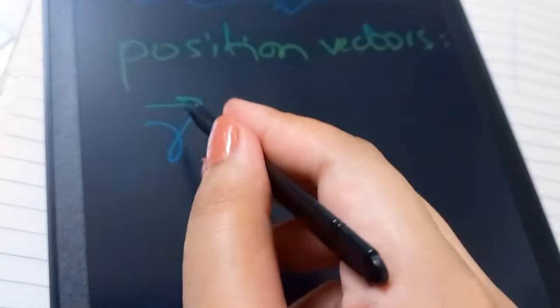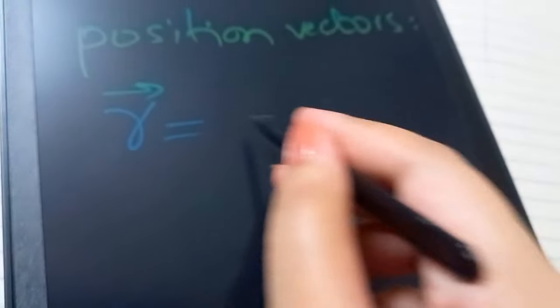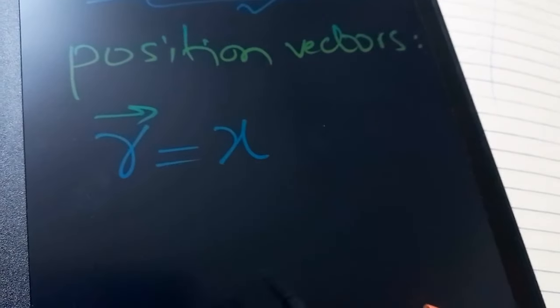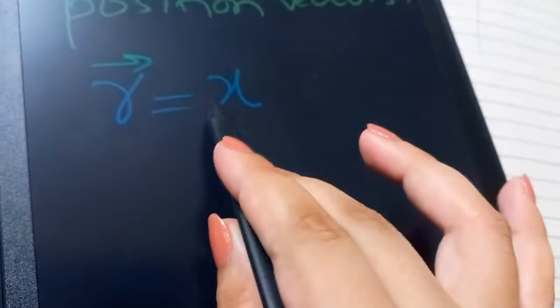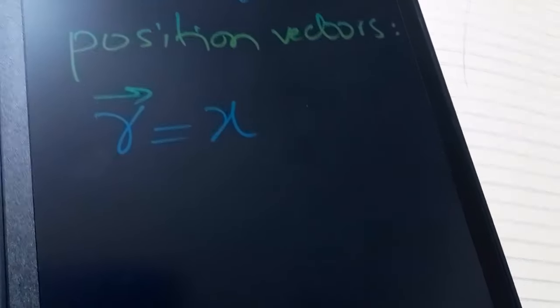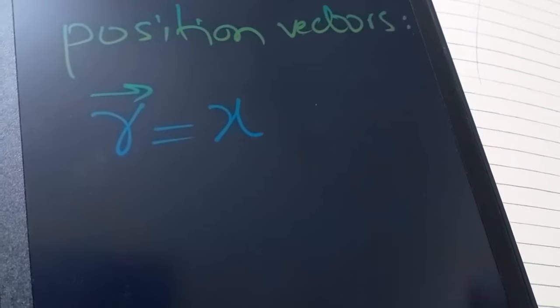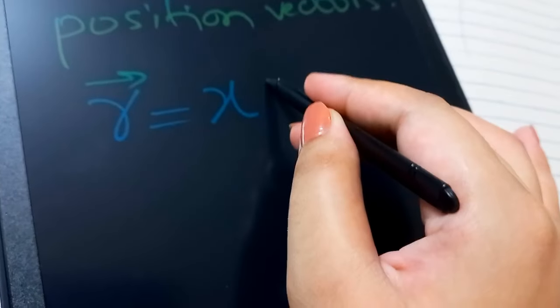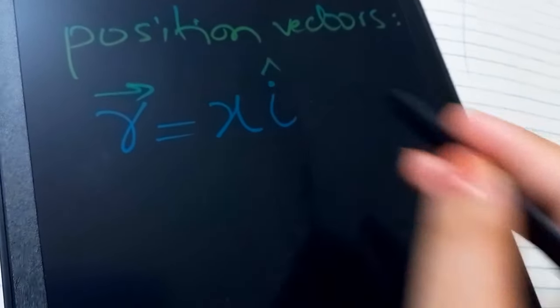Okay, and they are given by x, which shows the magnitude of distance in the x direction, that is, how many meters or units we have to travel in the x direction, multiplied by the i hat vector, which shows that it's the x direction.